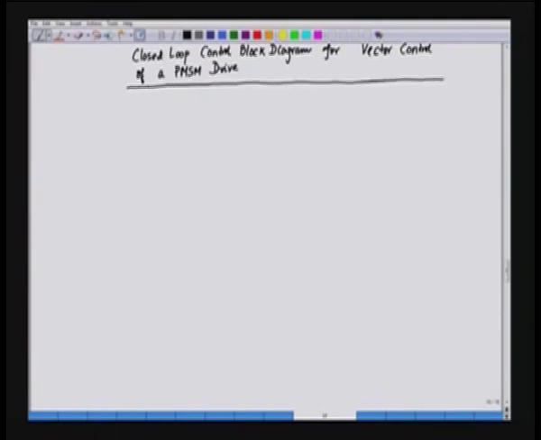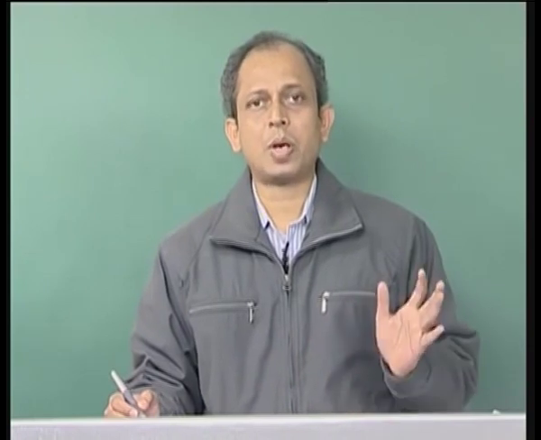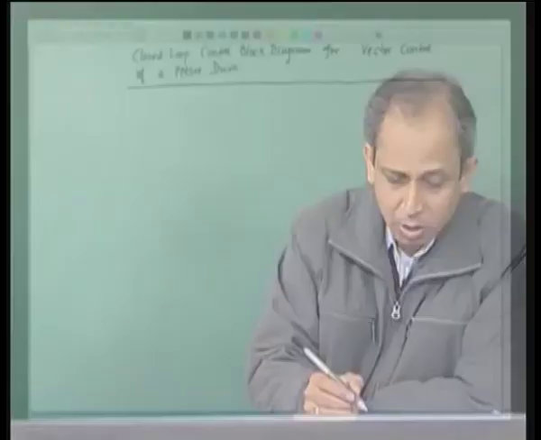So, in this case we start with the speed controller. We want to control the speed of the machine. So, we have a reference speed and we compare that with the actual speed.